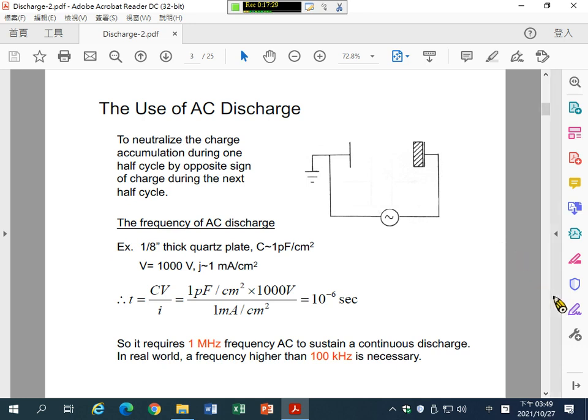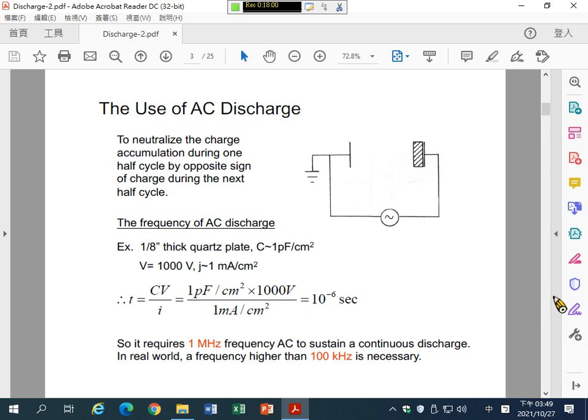So instead of using a DC discharge, people start using AC discharge, and this AC is very high frequency AC. It's not like our indoor electricity. Our indoor electricity, the frequency of AC is 60 hertz. So for every second, there are 60 cycles.